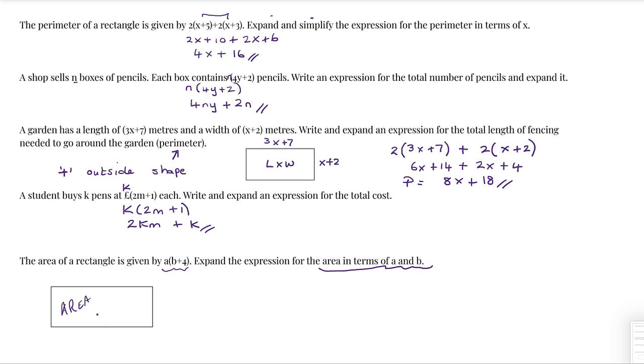So it's asking us for the expression of what's inside the shape. So a bracket b plus 4. a times b is ab, plus a times 4 is 4a. So that is now our expanded expression.